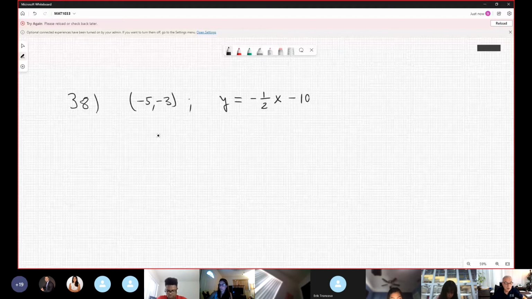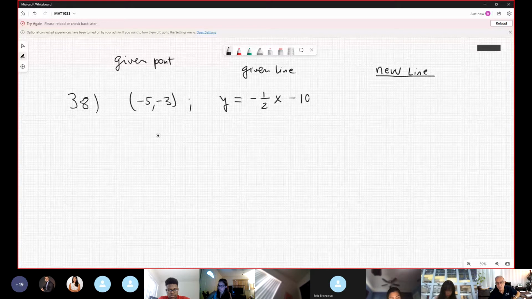Okay, it's a given point and a given line. I need to find a new line that satisfies this requirement. What is the requirement? Passing through this point and parallel to the given line.